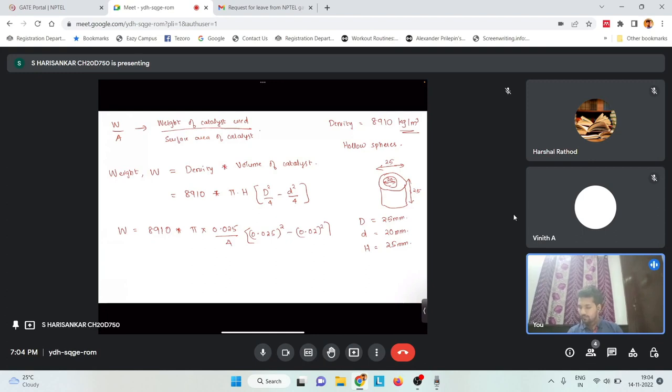So if we do the math here, we'll get the final answer for weight in terms of pi as W is equal to 0.01253 into pi kgs.